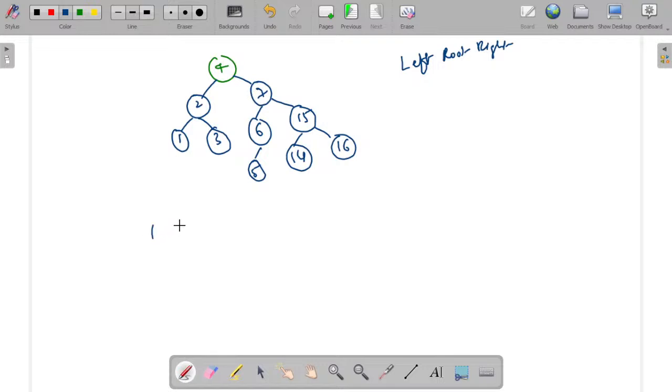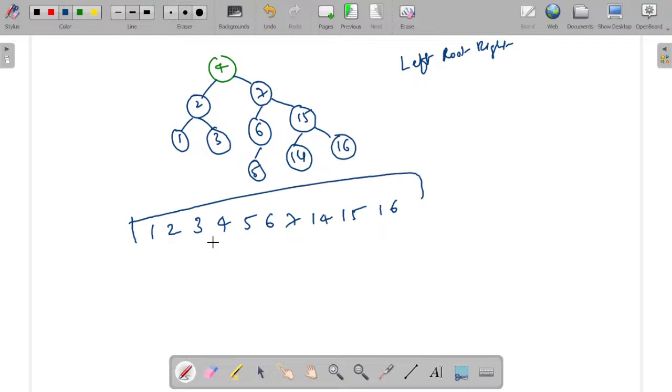So I can take 1 and then the root node which is 2 and then the right child which is 3 and then using backtracking I can go back. So which will be 4 and on the right side the deepest left is 5 and then 6 and then nothing on the right side so it will go back and then 7 and then right which is 14 and 15 and 16. So this is the in order traversal for this particular tree.